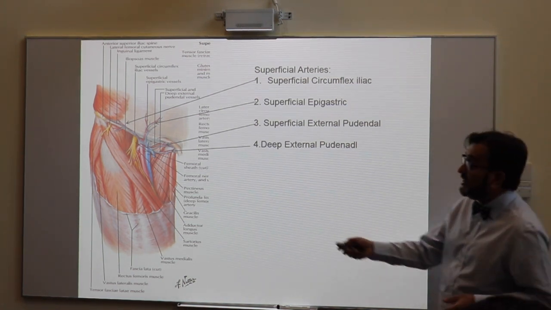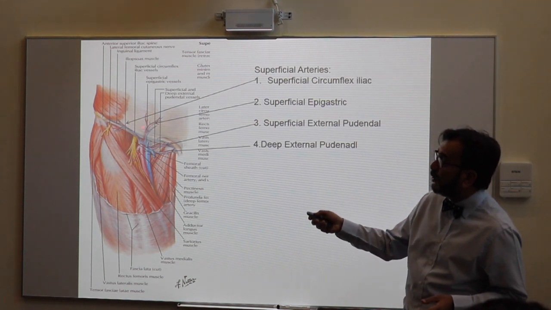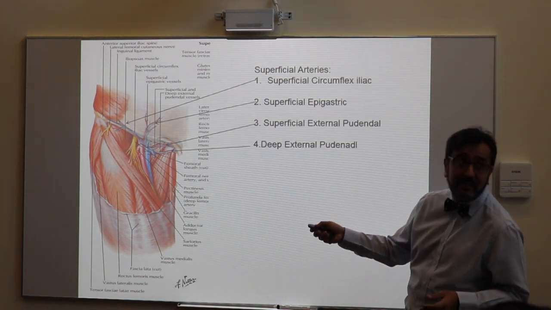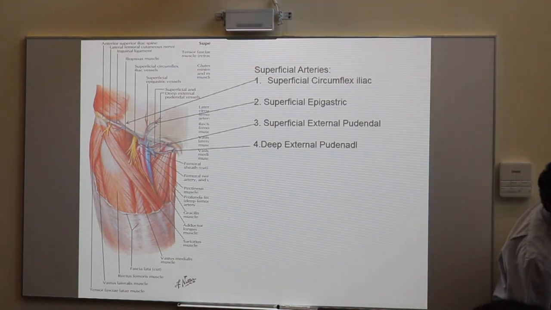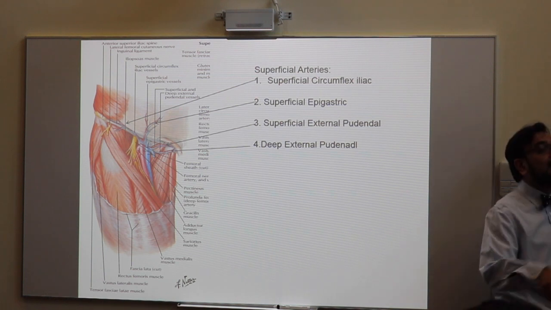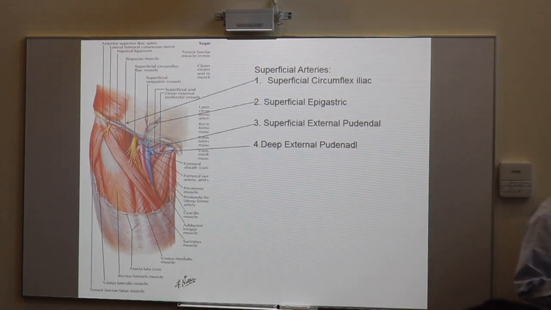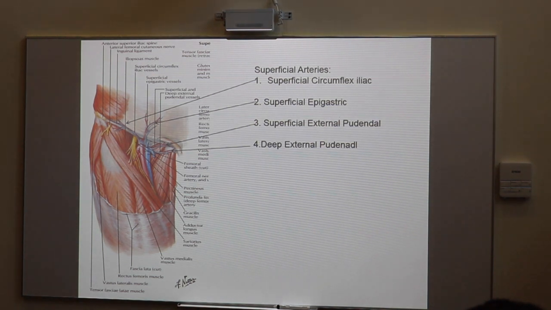After giving these four superficial branches and this deep branch, it will pass through the thigh and pass to the back of the knee, becoming the popliteal artery, and then go into the leg, becoming anterior and posterior tibial artery. So it is mainly supplying deep branches to the leg and the foot.